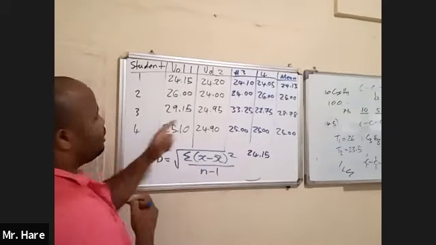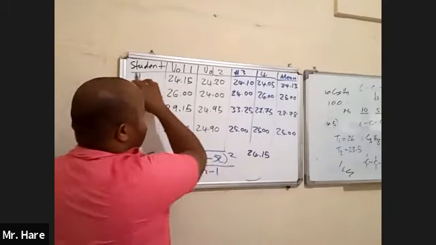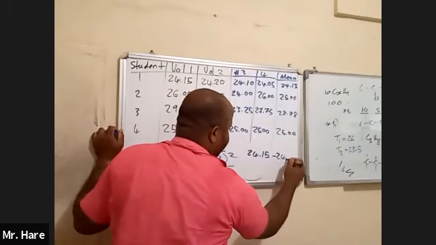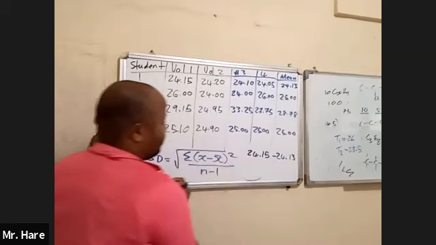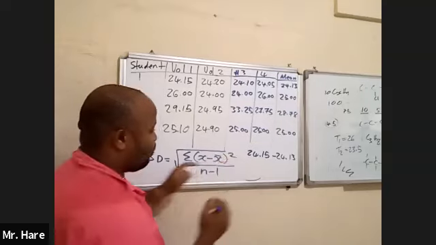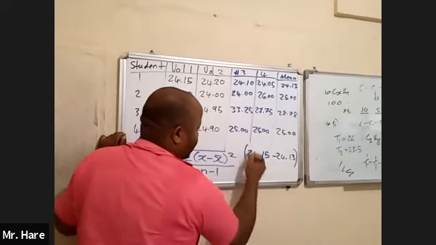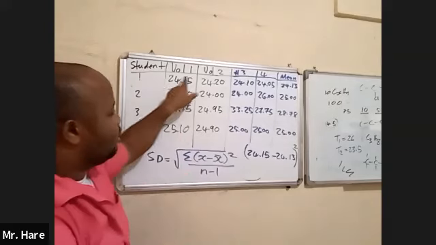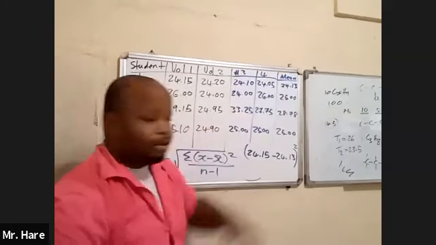24.15. And the mean for the first row is 24.13. So it's X minus X bar squared. So you must square it. All right, so it's X minus the mean squared.